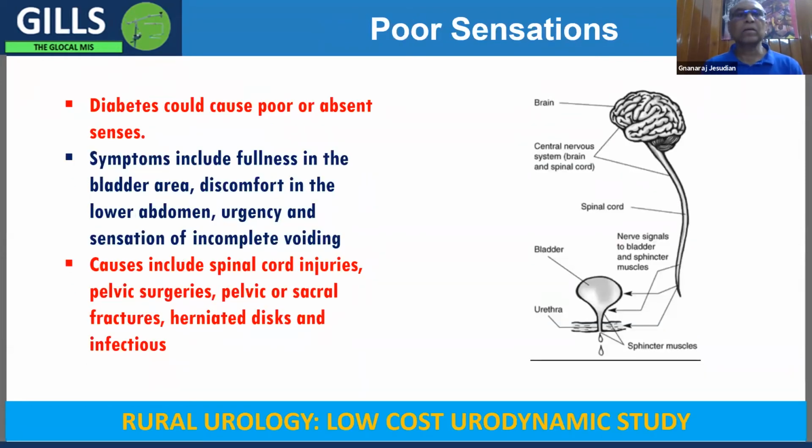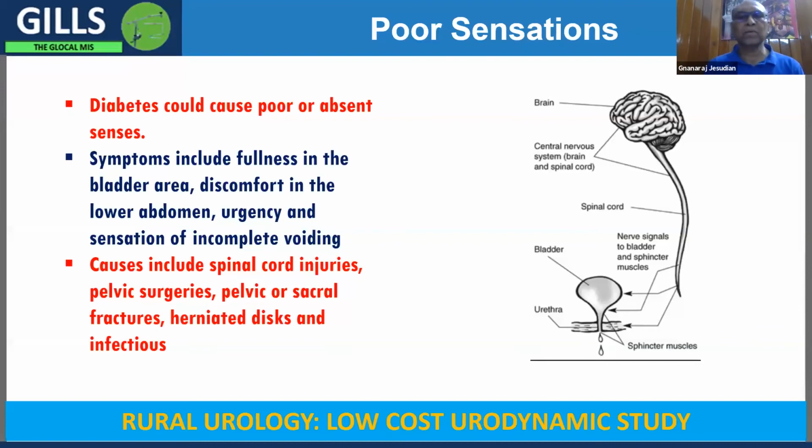And then the sensations. We said the normal sensation of feeling that something is there in the bladder occurs around 100 to 150 ml. Then the normal desire to pass urine, and then urgency. But in conditions like diabetes, they have either absent or poor sensations, and that is the reason they can have a very large capacity.